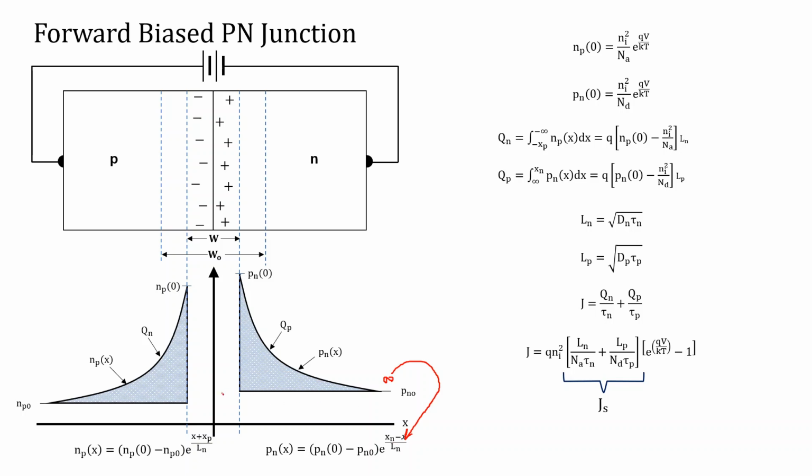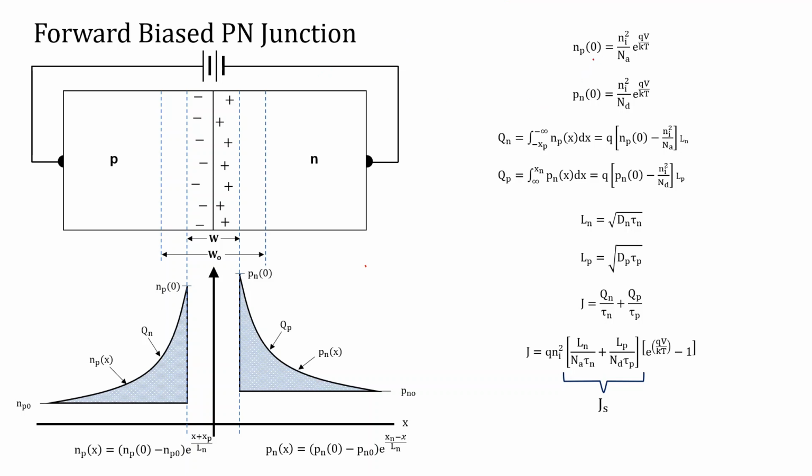So we are considering that our axis is here. So in that case, the expression for the excess hole density is this much, and the expression for excess electron density will be this much.